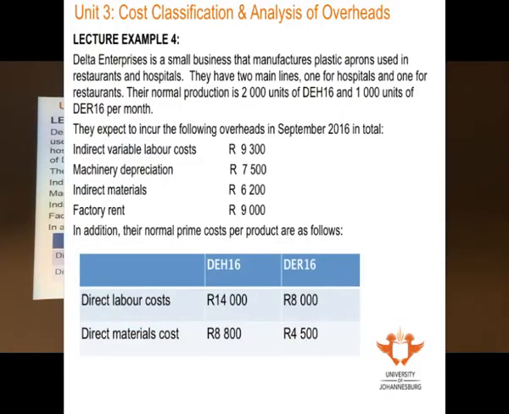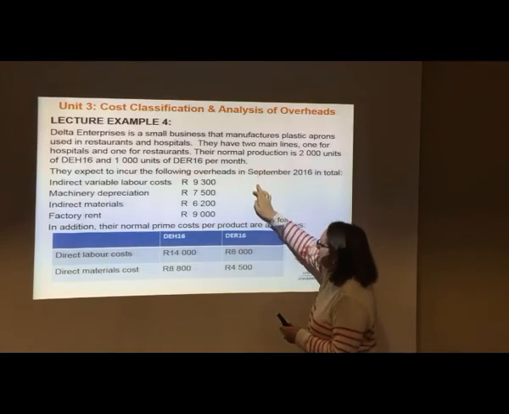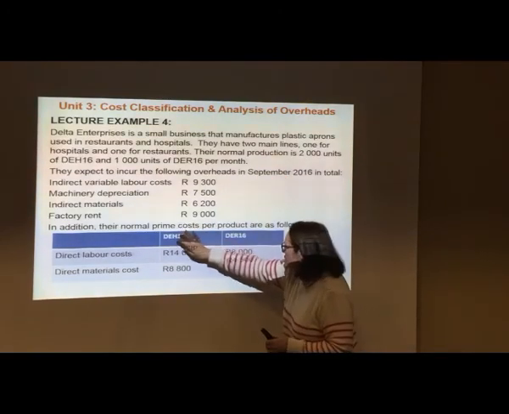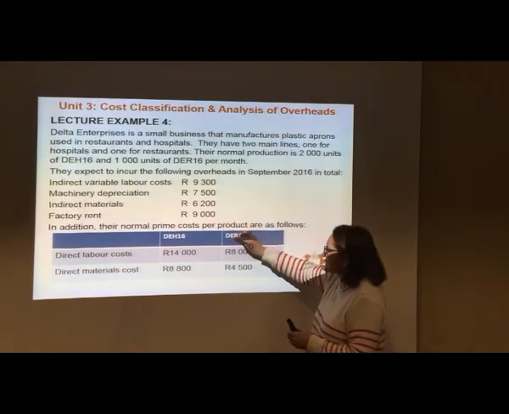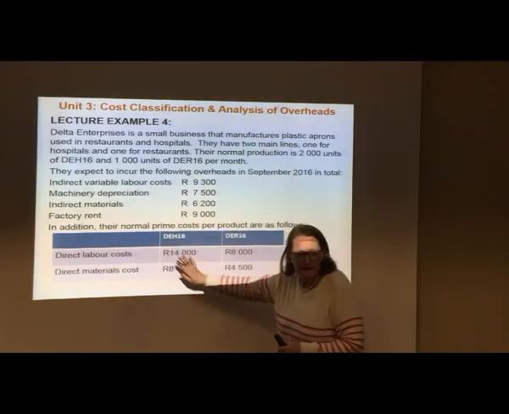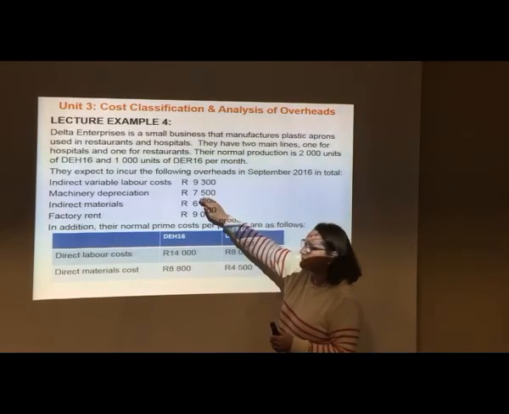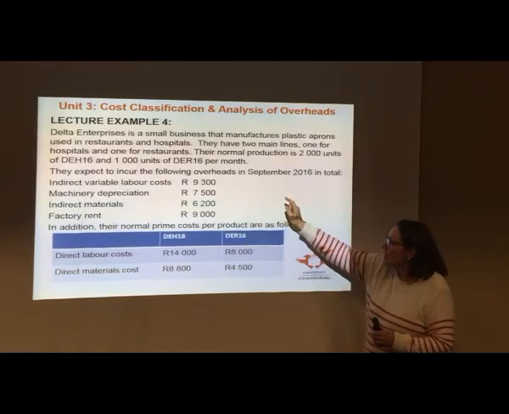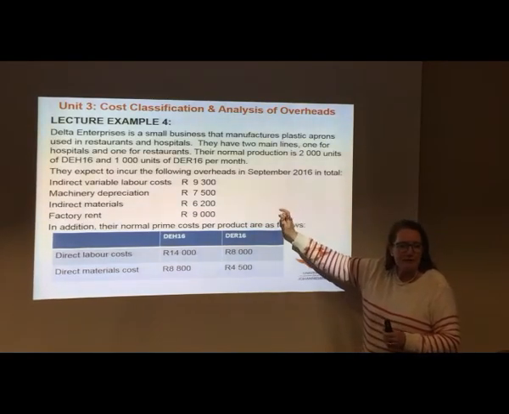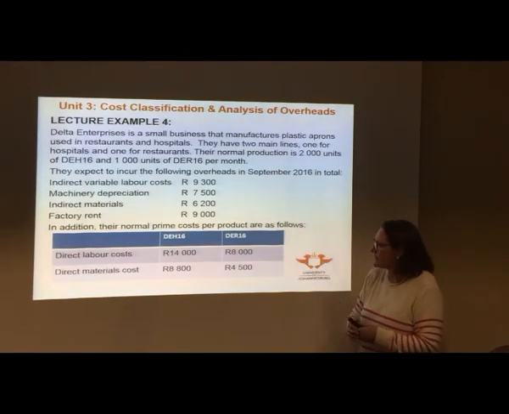So there's your fixed manufacturing overhead of depreciation, and that's for the whole month for both DEH and DER. You produce 2,000 of those and 1,000 of those, therefore 3,000 in total. Do you agree? Yes. So you take your 7,500 divided by 3,000 units, the cost per unit must be 2.50 Rand. Do you agree? Yes.